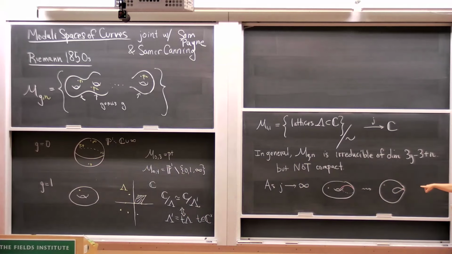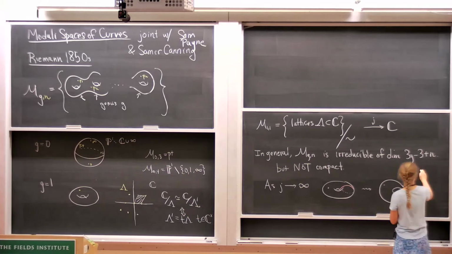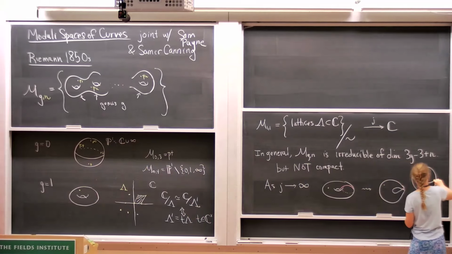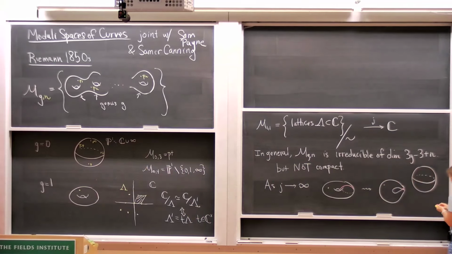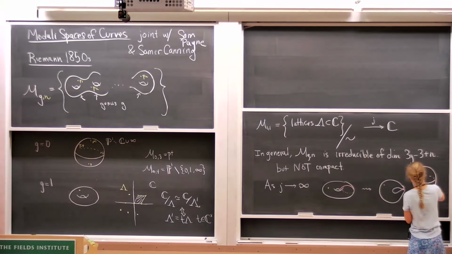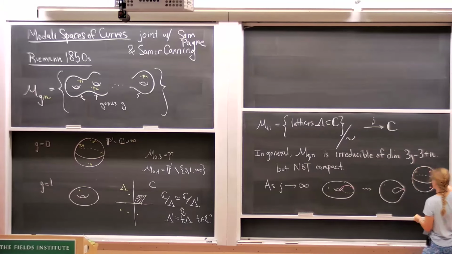And this singular curve is built by taking a smooth curve of genus 0 and gluing together 2 points on it.